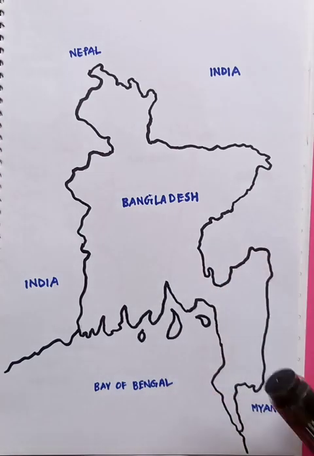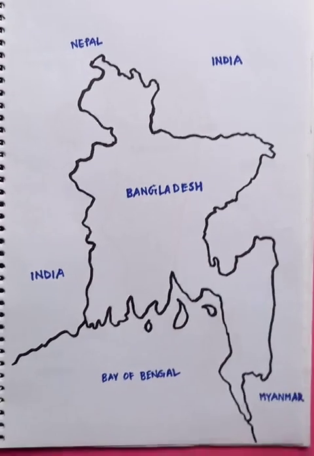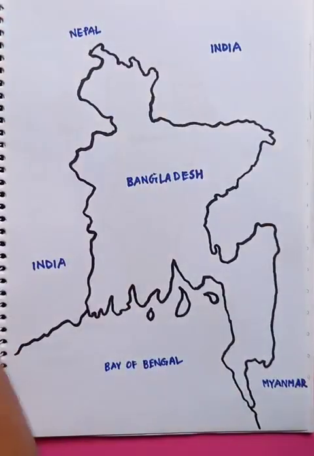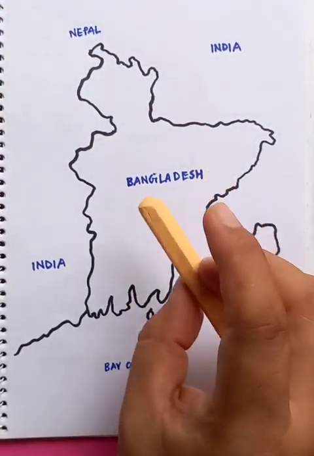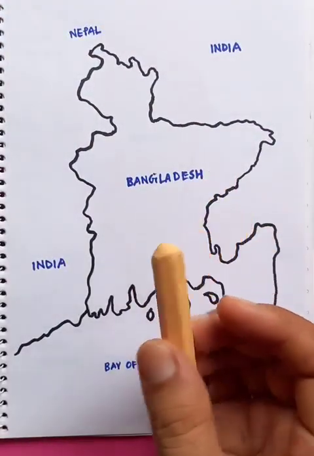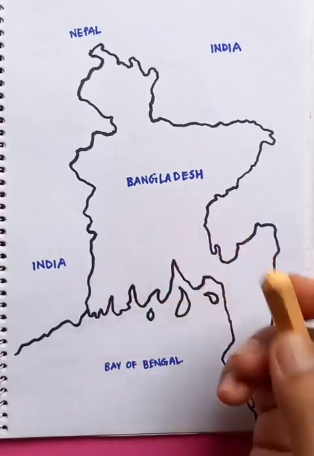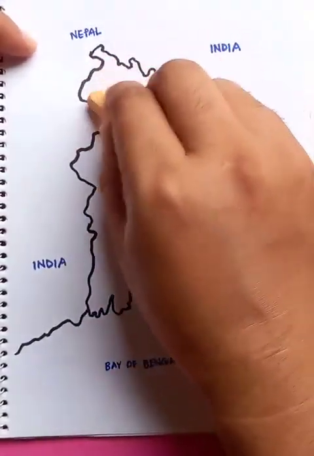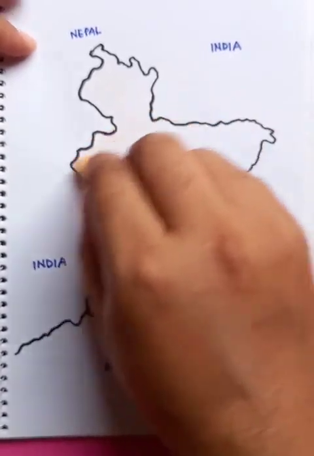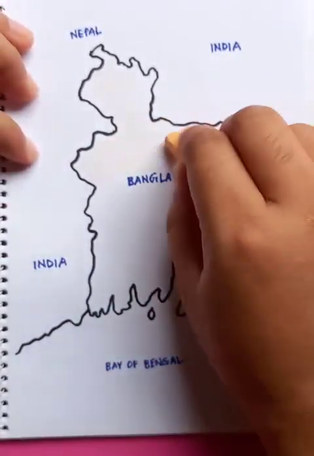Later we're going to put the colors for the whole drawing and then we're going to make it blurred. So we use the crayons, the crayon colors or the pastel colors. Then you can put some strokes here on the map like this.